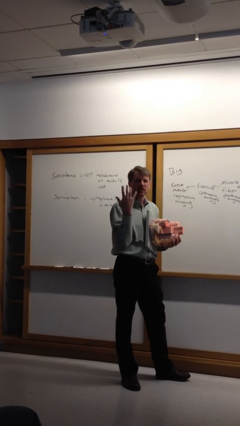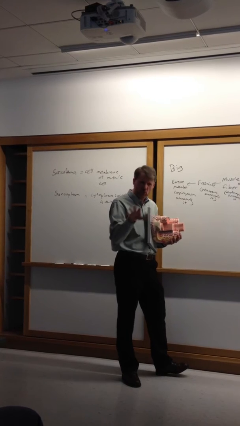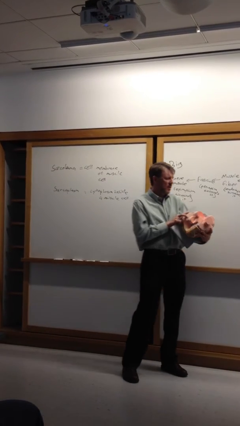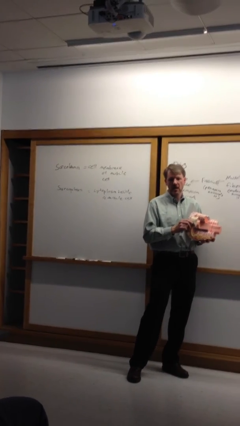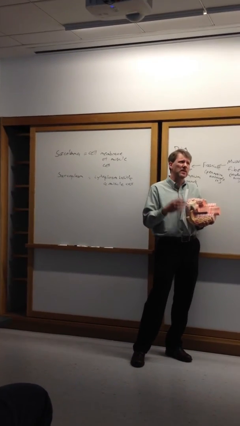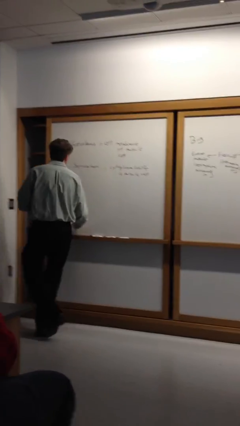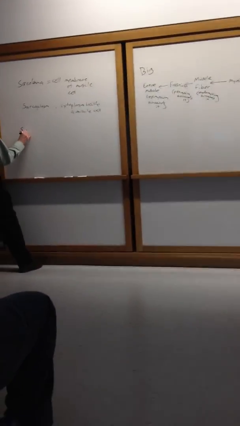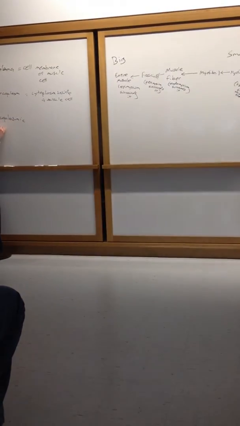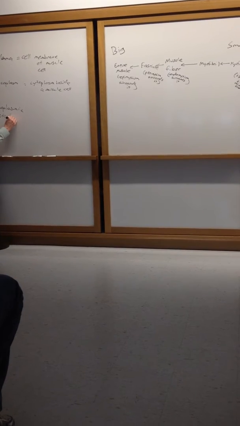When the muscle's relaxed, the calcium is stored in something called the sarcoplasmic reticulum. The sarcoplasmic reticulum is basically the smooth ER of a muscle cell.